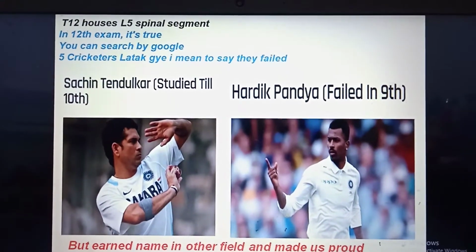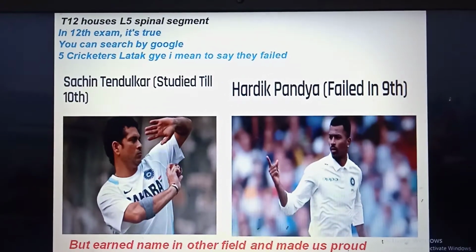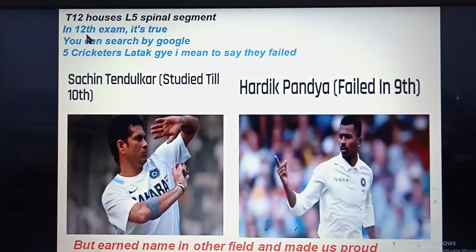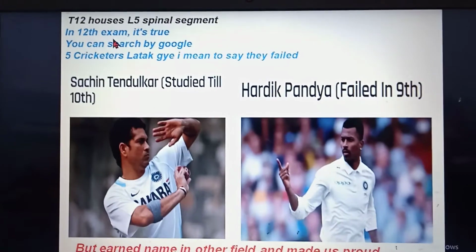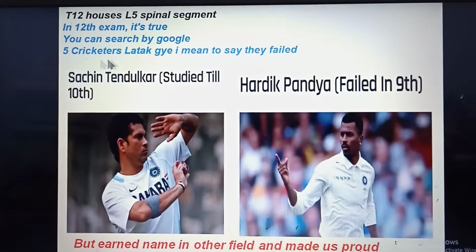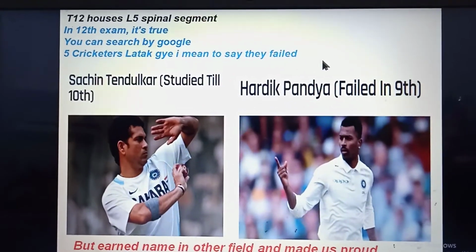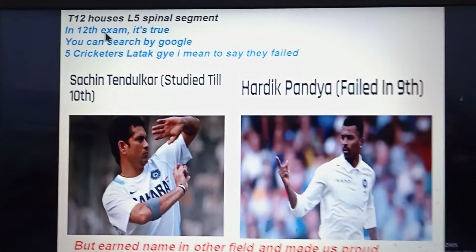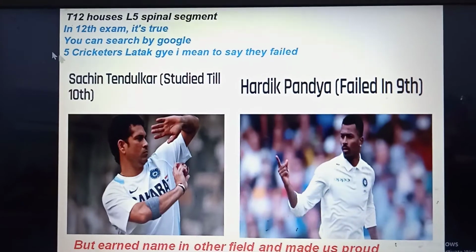T12 houses the L5 spinal segment. T12, that is the 12th exam. It's true, you can search on Google. Five cricketers failed in the 12th exam, they didn't clear it.